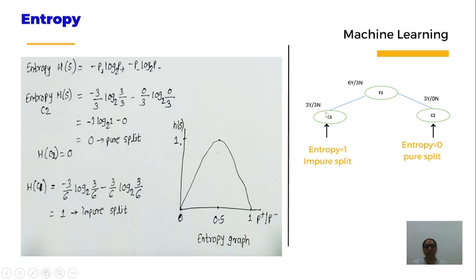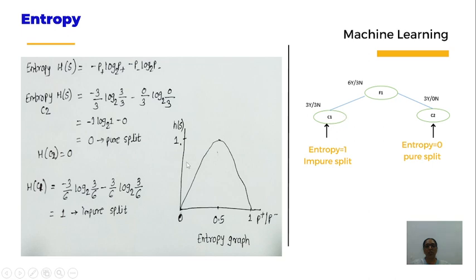We will check mathematically how we get the entropy value. This is the formula of entropy: H(X) = -P+ log P+ to the base 2 - P- log P- to the base 2.